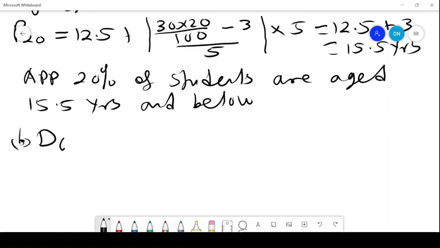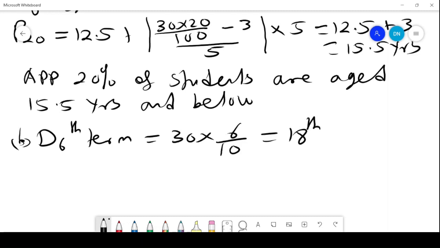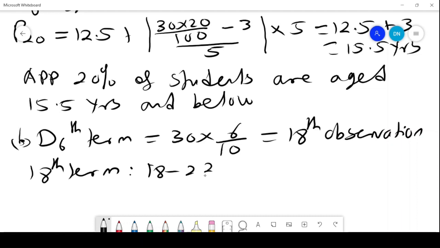For the D6 term, first of all, we look for the position. It is 30 times 6 over 10, which is the 18th observation. Now, what do we know about the 18th student? Which age group is it in? Looking at the cumulative frequencies, it should be 18 to 22.